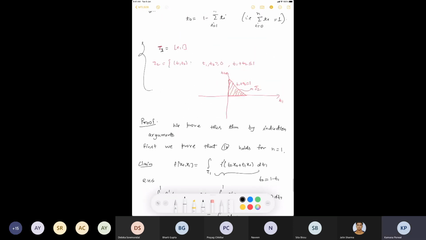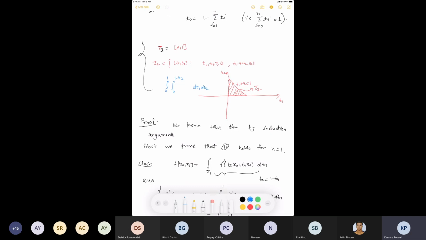Again, I will come back to the case of tau 2 to explain it. Suppose I have an integration with the limits dt1, dt2. What are going to be the limits for t1 and t2? Here t1 goes from 0 to 1 minus t2, and t2 goes from 0 to 1.